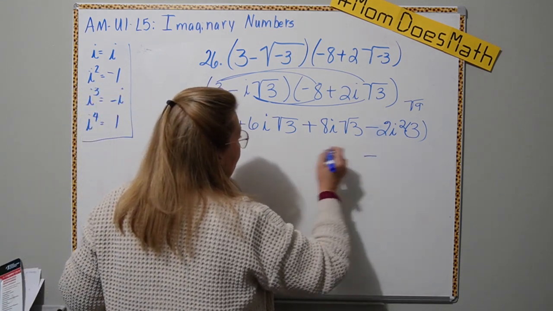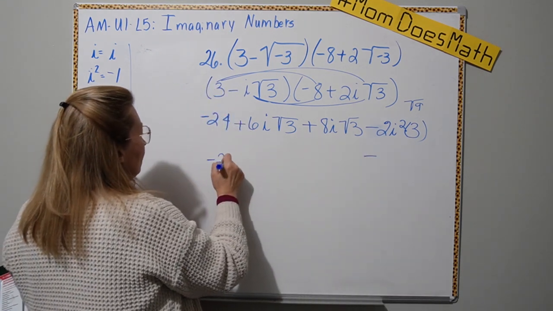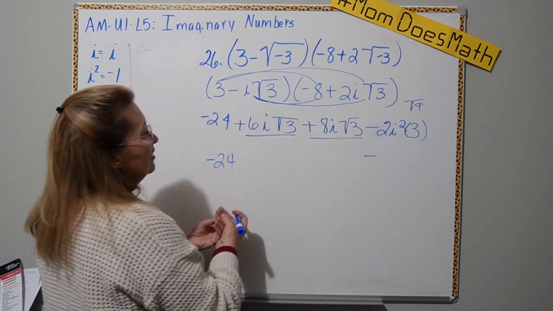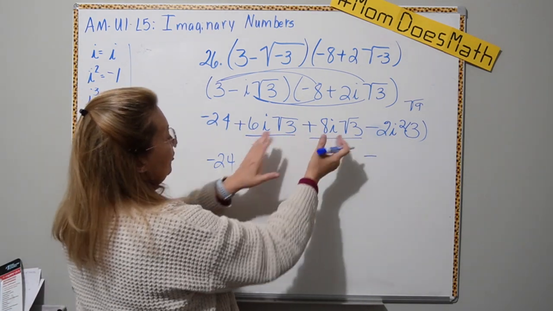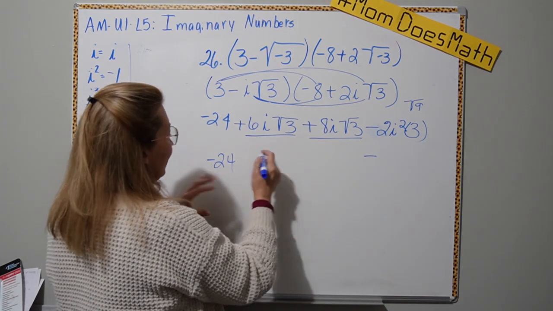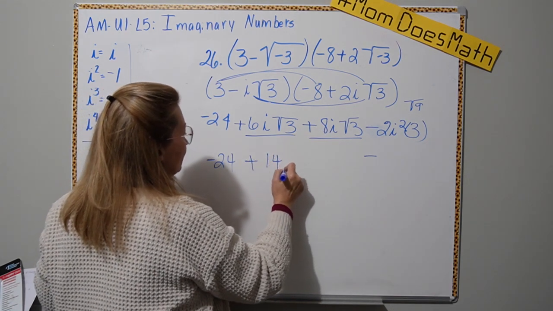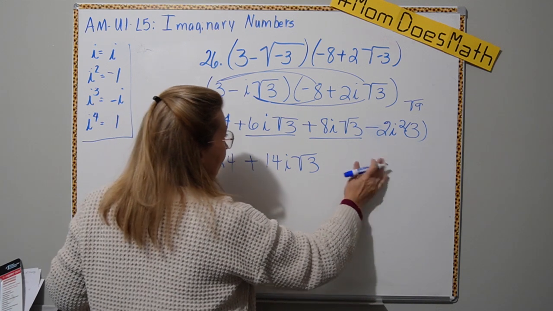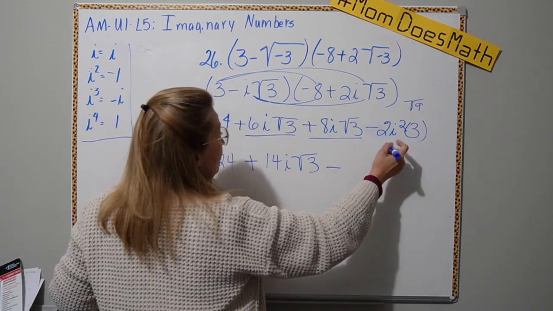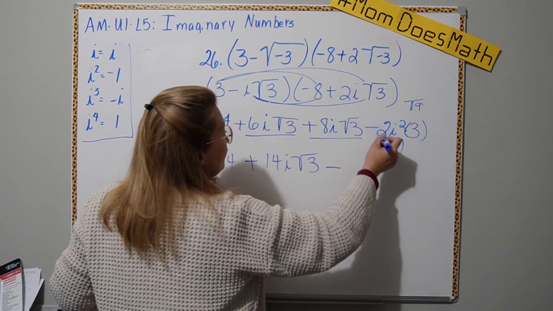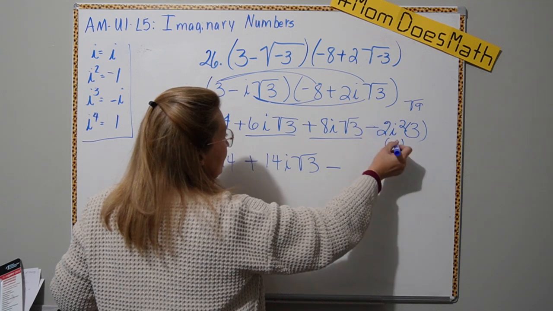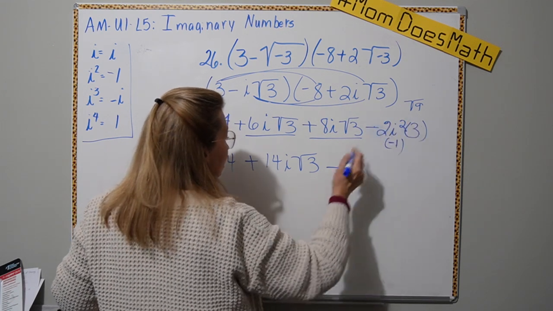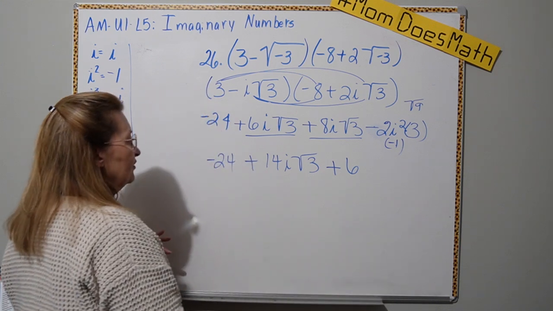Okay, come down here. Negative 24 is going to stay like it is. These two can be combined because the radical parts match. So 6i plus 8i is 14i square root of 3. And then here, i squared is negative 1. A negative 2 times a negative 1 makes positive 2, times 3 makes positive 6.